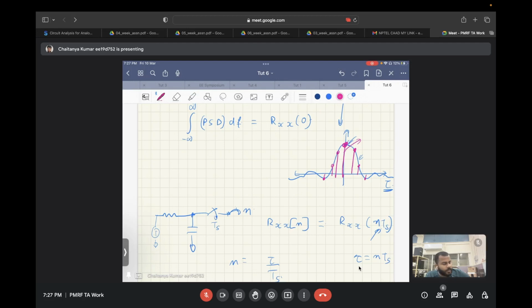Now in discrete time, what will be the power? The power will again be Rxx of 0, that is, n equal to 0. So irrespective of whatever sampling time we choose, this Rxx of 0 will never change, correct?